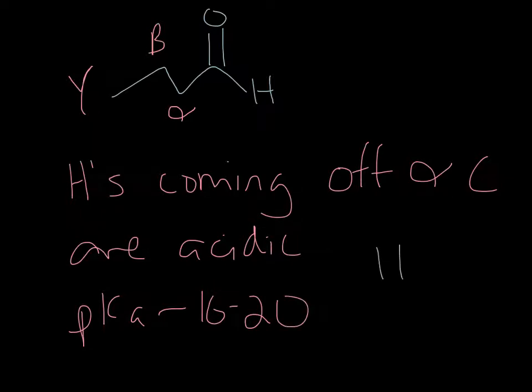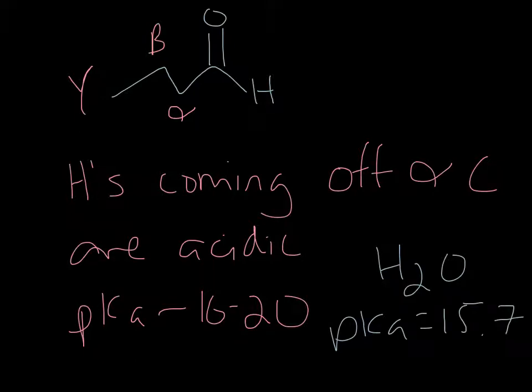For reference, water has a pKa of 15.7. So it's not super acidic, but it's acidic enough that it can be removed, especially if you have a strong base in solution. So any proton coming off of this alpha position is going to be an acidic proton and one that we can remove with a base.